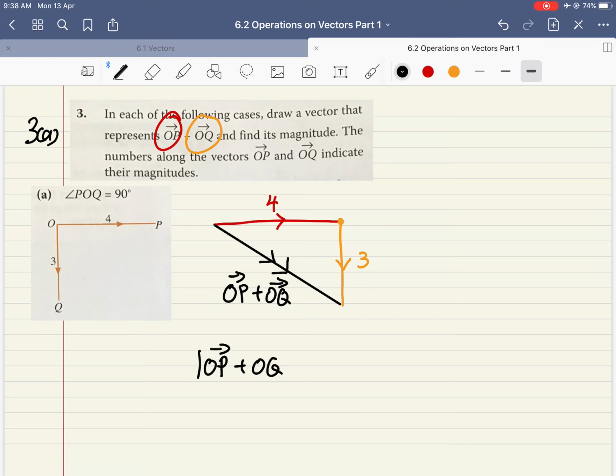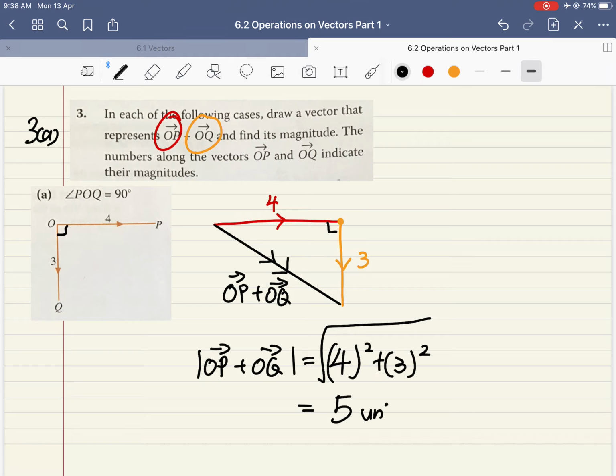The magnitude of OP plus OQ will be equal to, notice that POQ is 90 degrees. So if I apply Pythagoras' theorem, I have 4 square plus 3 square. Then I square root this. I will find that the magnitude is 5 units.